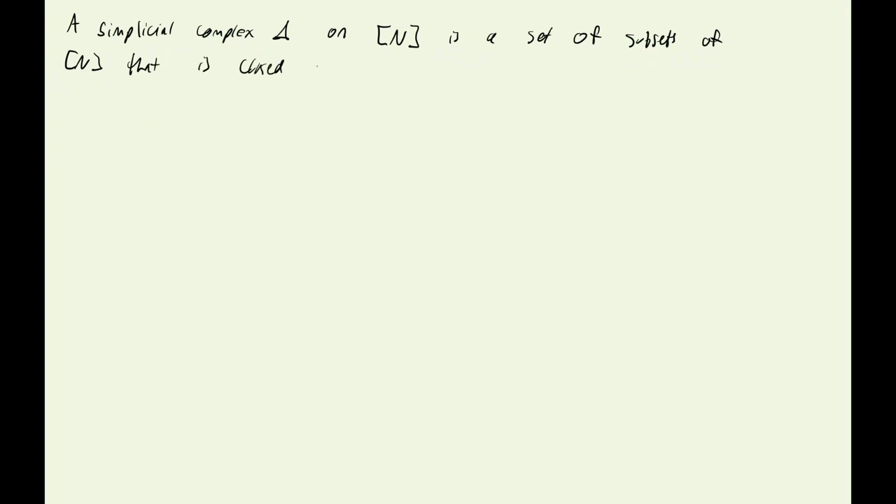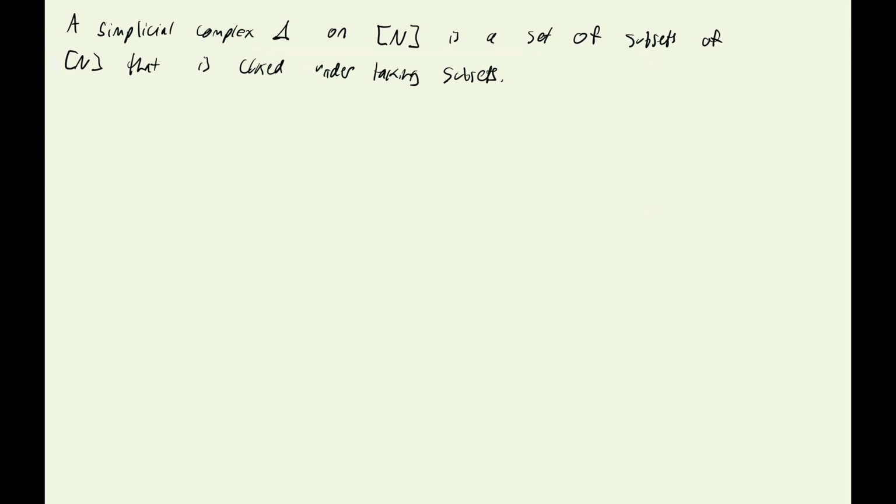So a simplicial complex delta on some vertex set, I'll just call capital N, is a set of subsets of N that is closed under taking subsets.